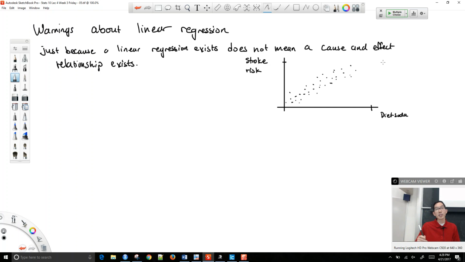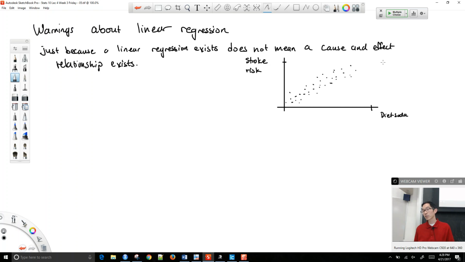We don't know. There might be something in common about the people who choose to drink diet soda that puts them at a natural risk for stroke. And people who choose not to drink diet soda, there might be something in common about them that puts them at a lower risk for stroke.